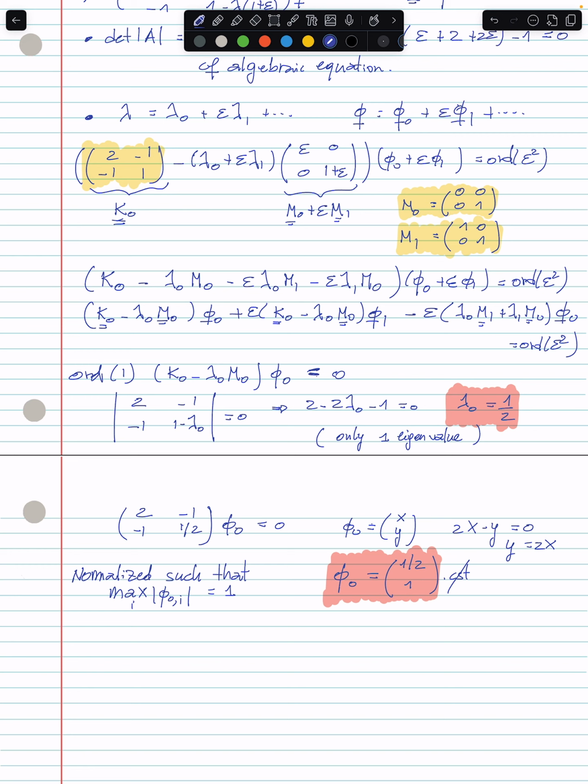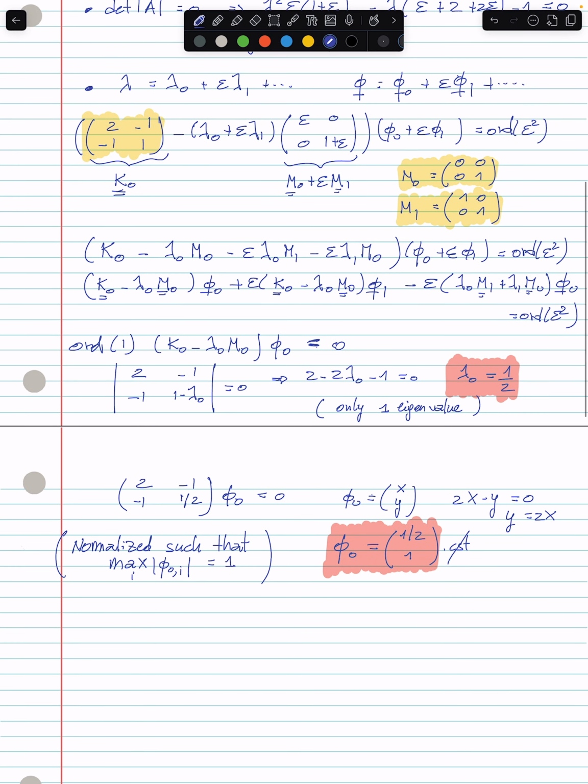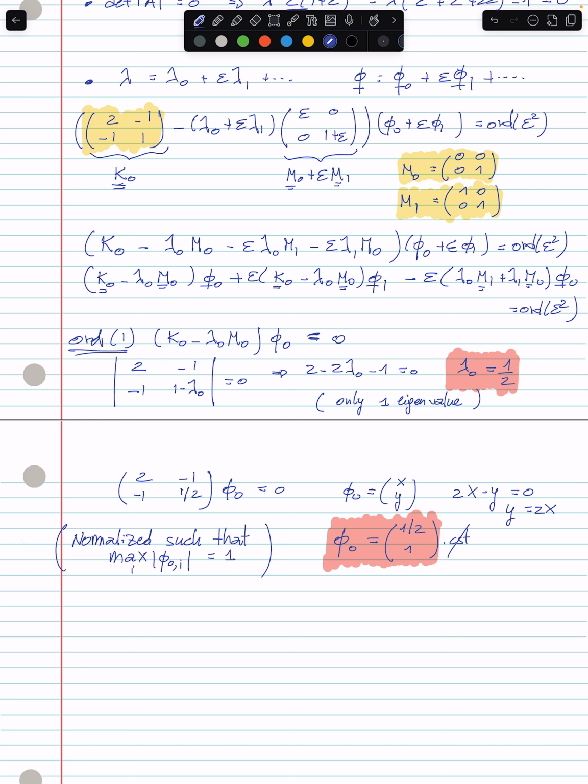All right, so we got it. Then there should be another root, but let's take care of the second root a bit later, all right? Because we know that what we do here needs to be replicated for every single eigenvalue. All right, so after having solved the unperturbed problem here, we can solve the problem at the next order.